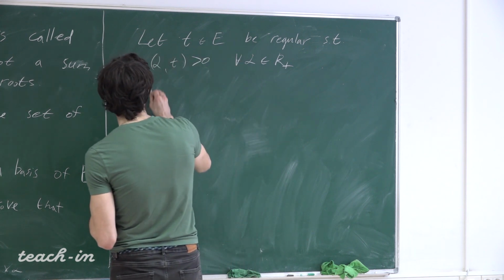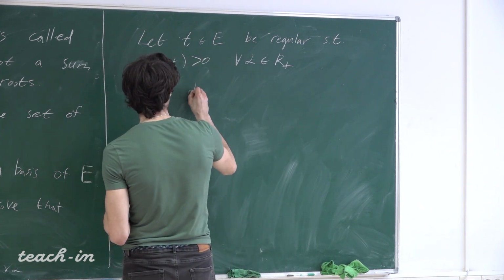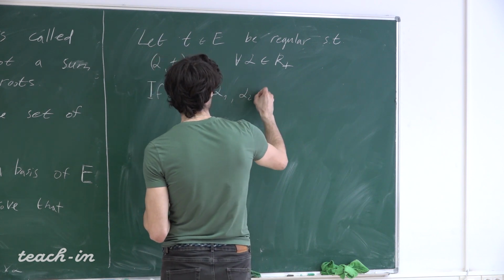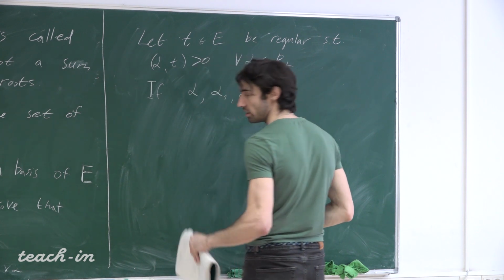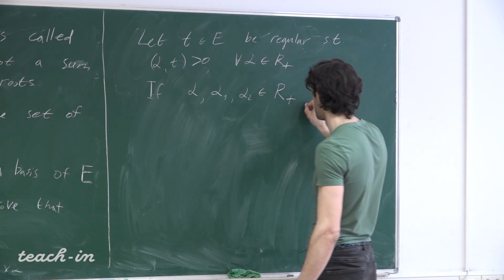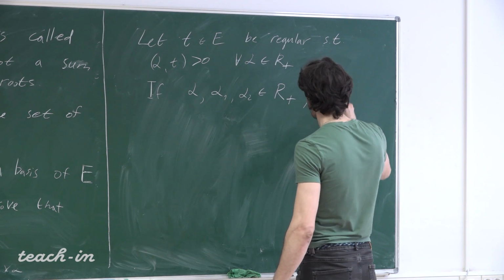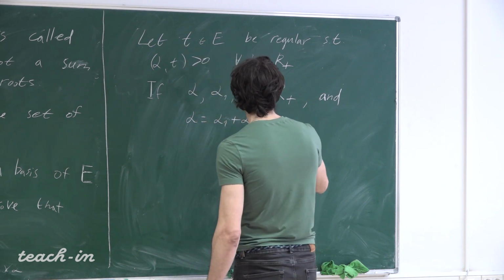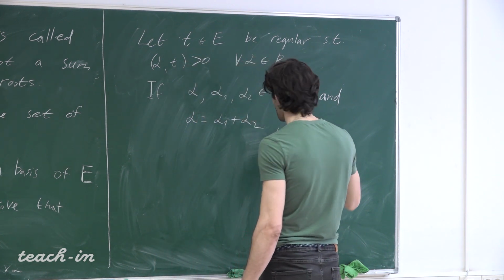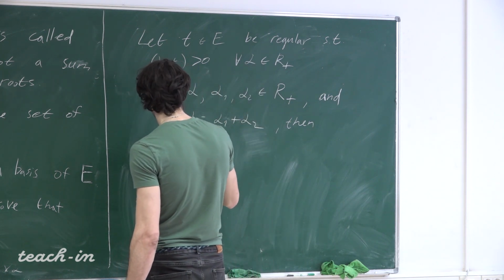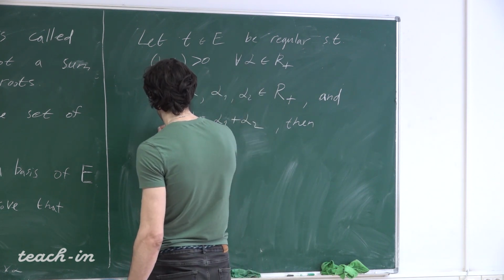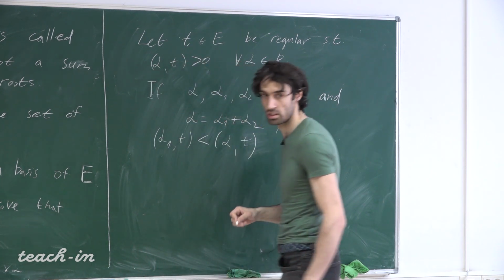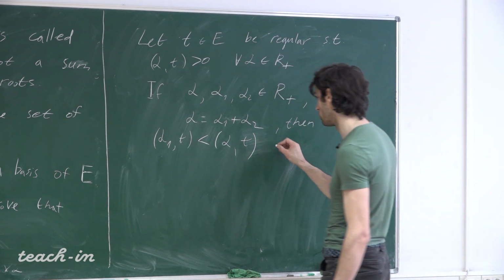Right, so then the observation is the following. If alpha, alpha 1 and alpha 2 are all positive roots, and alpha is alpha 1 plus alpha 2, then the inner product of alpha 1 with T is strictly less than the inner product of alpha with T. And the same for alpha 2, of course.